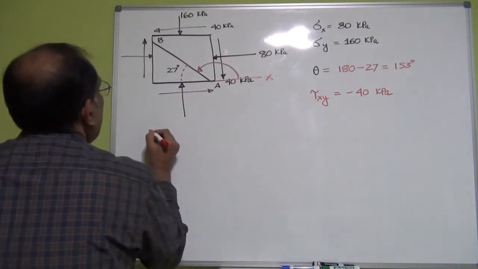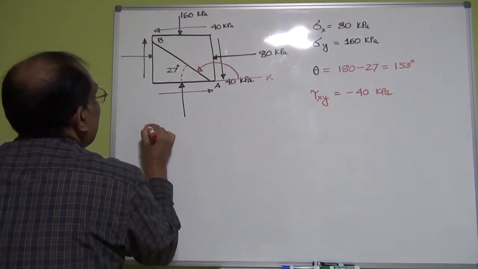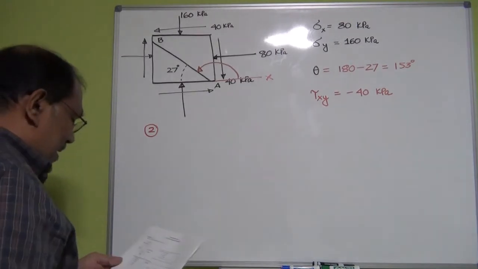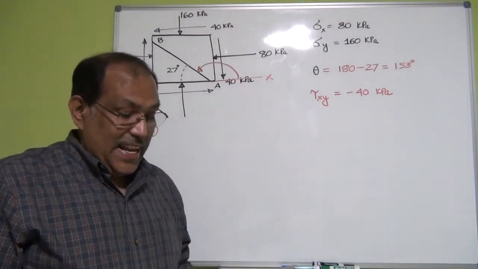So number 2 is basically asking the normal stress at plane AB.